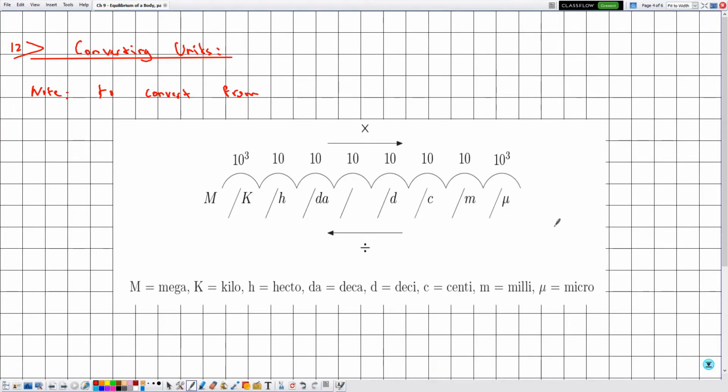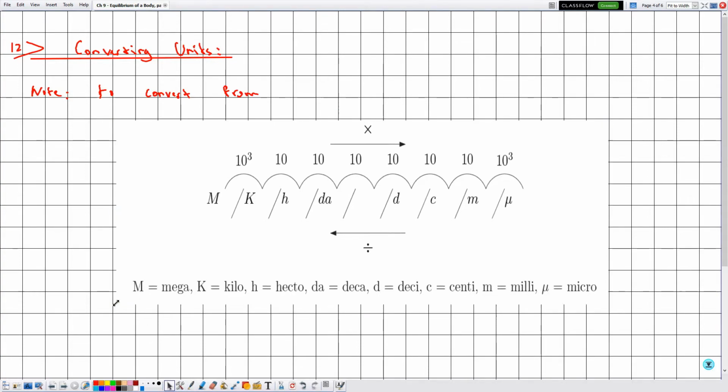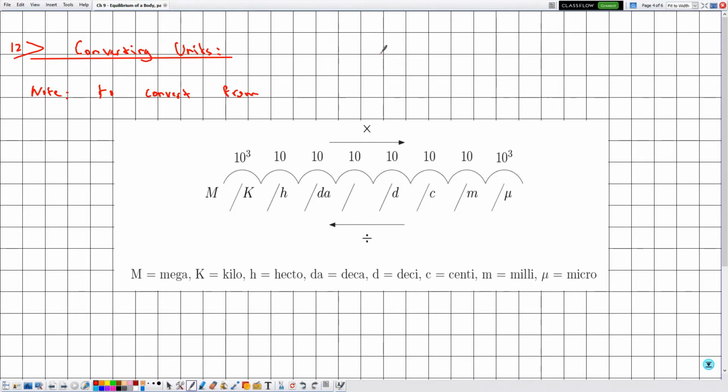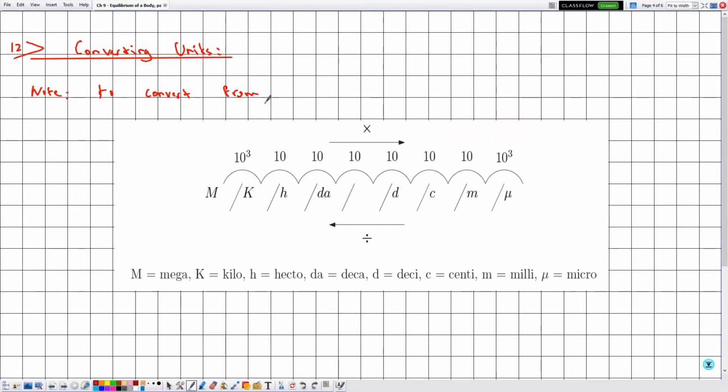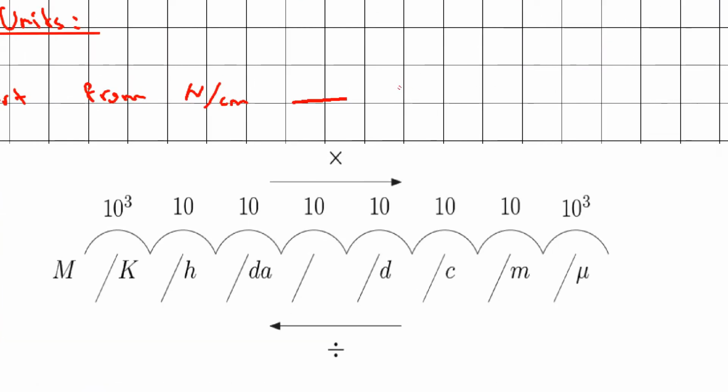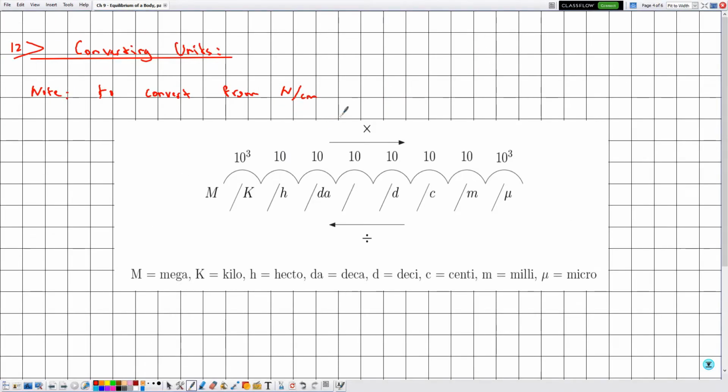We know that in order to convert from centimeters to meters, we divide by 100. Sometimes you are interested in converting from newtons per centimeter to newtons per meter. Now from centimeters to meters we divide by 100, but here notice that the centimeters is in the denominator and not in the numerator. For this reason, in case we are converting from newtons per centimeter to newtons per meter, which is the SI, this is extremely important, we multiply by 100.